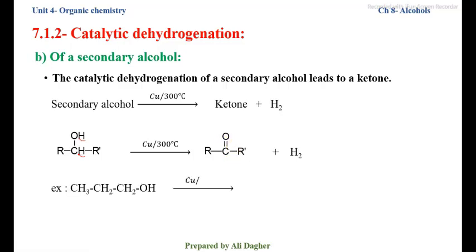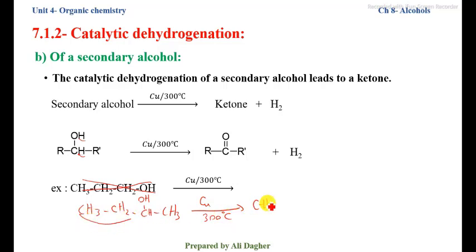Example, CH3, CH2, CHOH, CH3. This is a secondary alcohol heated in presence of Cu to 300 degrees, with the same R remaining the same, CH3, CH2.